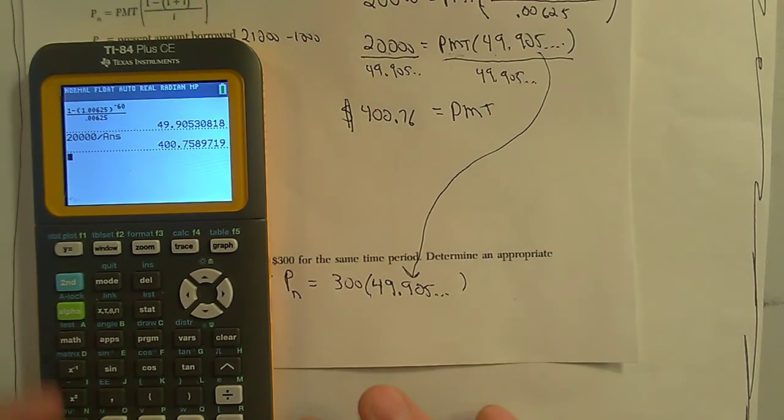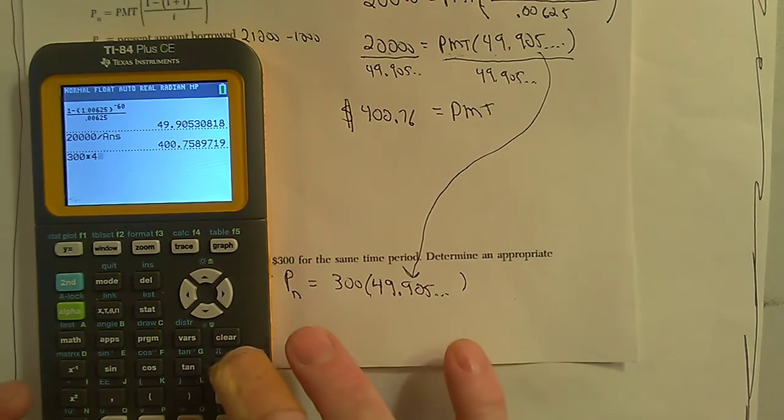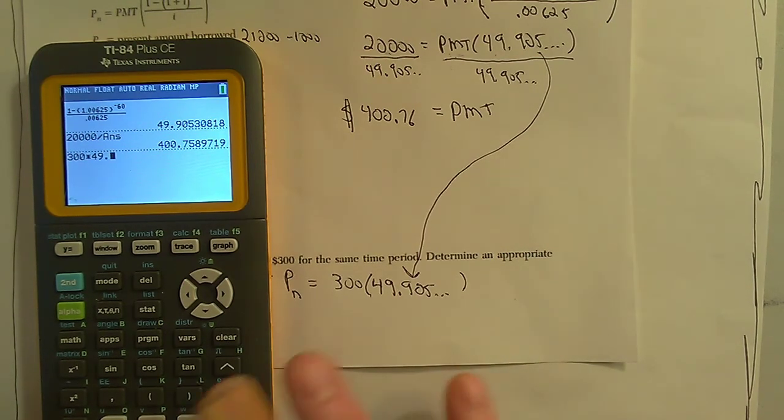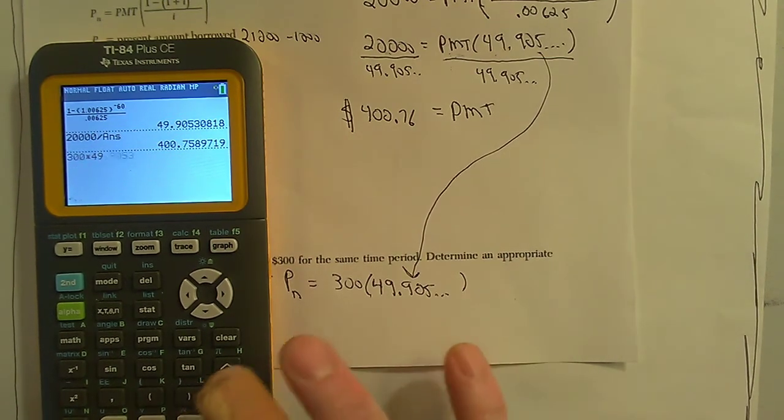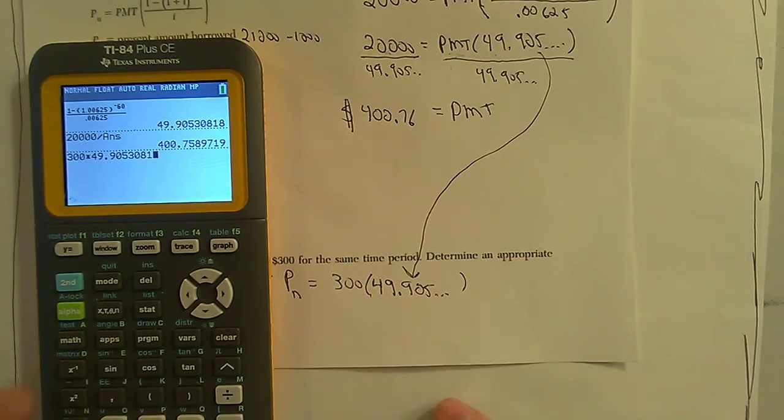But 300 times 49. You can go back and stuff like that, but it's just as easy for me to type in those numbers.